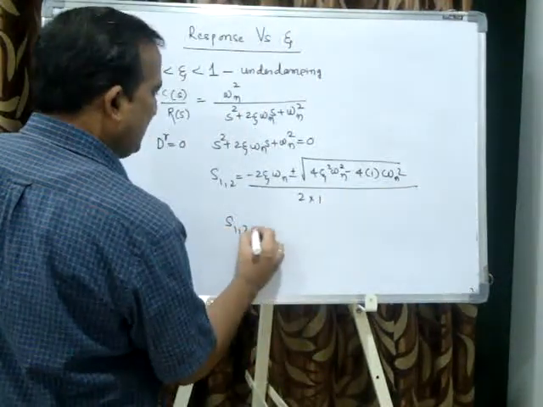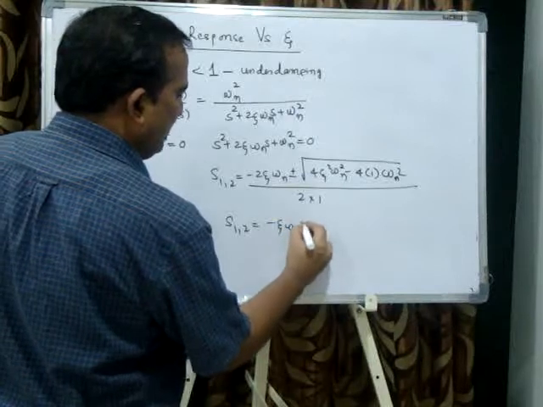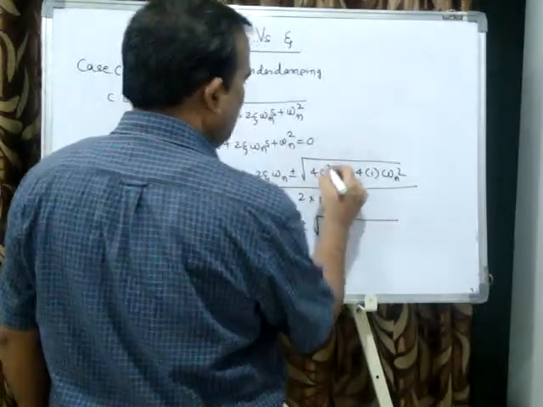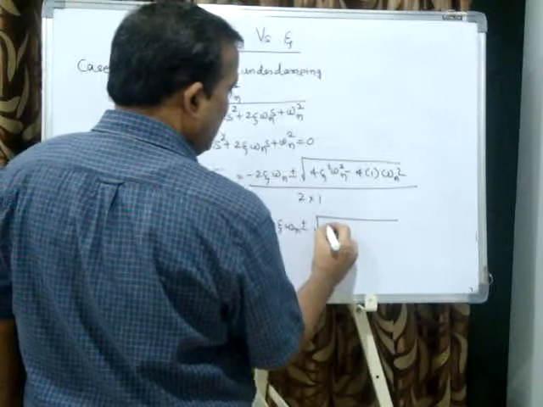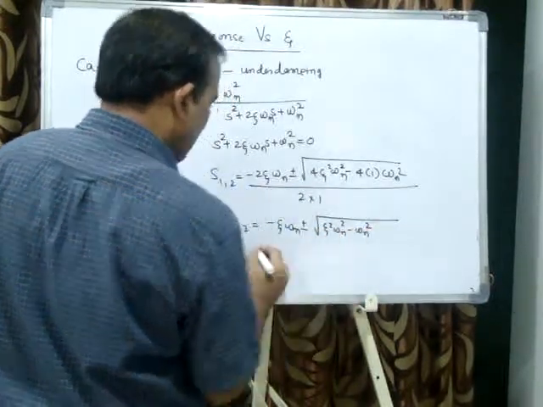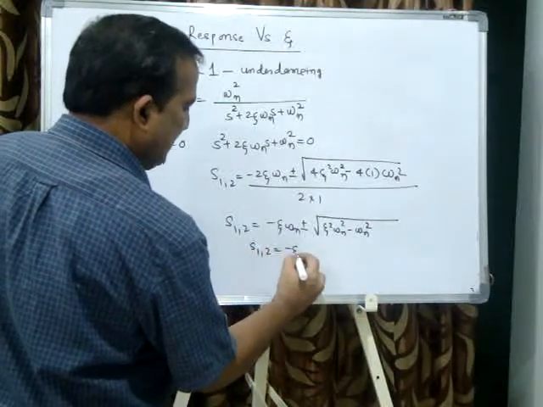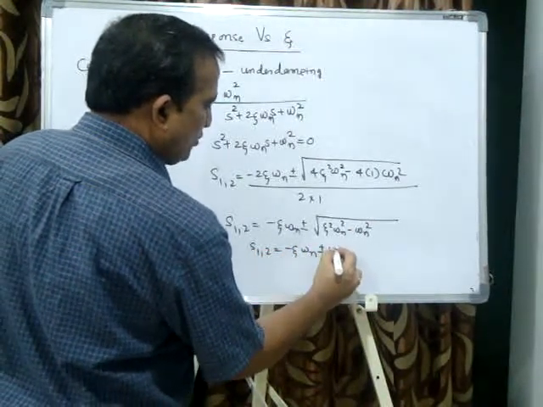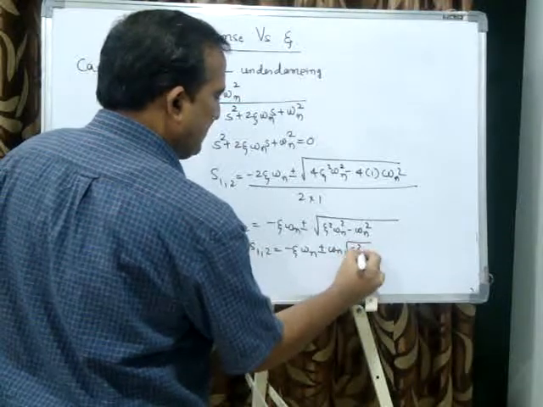So S1,2 is equal to minus zeta omega n plus or minus square root of 4 zeta square omega n square minus 4 omega n square, divided by 2. Now S1,2 is equal to minus zeta omega n plus or minus omega n root of zeta square minus 1.